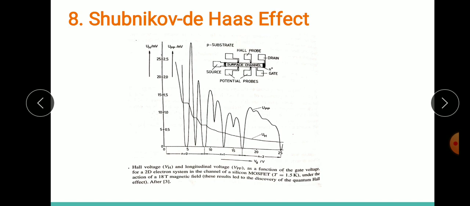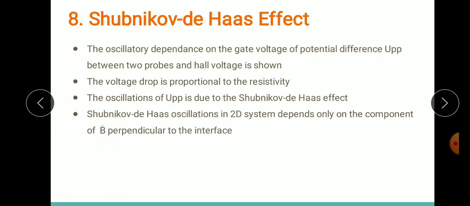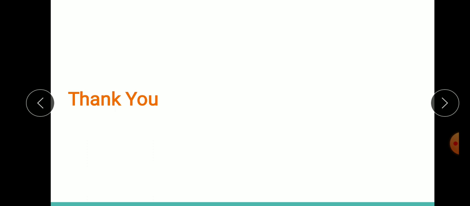Others don't have a role in the SDH effect. So we have seen that SDH effects are mainly oscillations which control the electrical behavior, the resistivity, as well as the transport properties of nanostructures. Whereas the Aharonov-Bohm effect is oscillation generated due to magnetization.